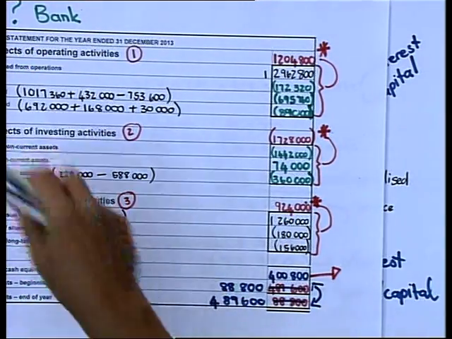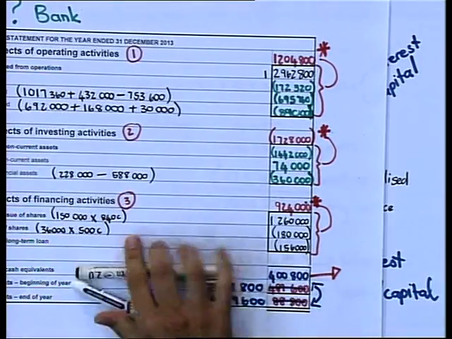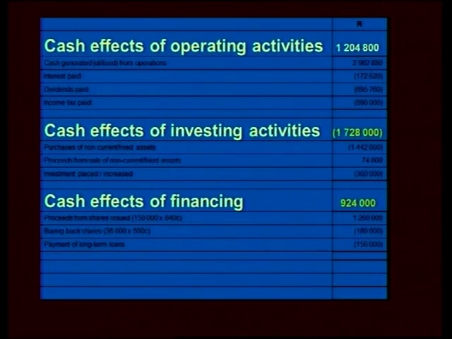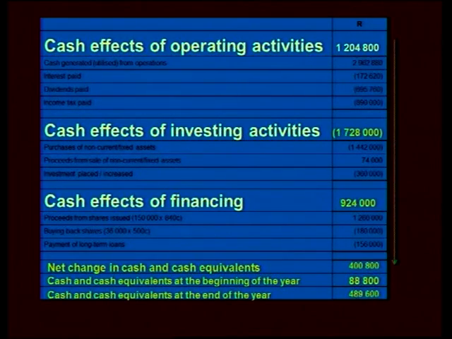So if I just show you the final cash flow statement on the screen, you will see that all of this adds up from the top to the bottom, but if you take the cash at the beginning of the year, cash at the end of the year, you'll also get a net effect of 400,800.